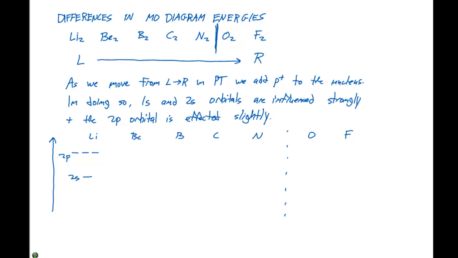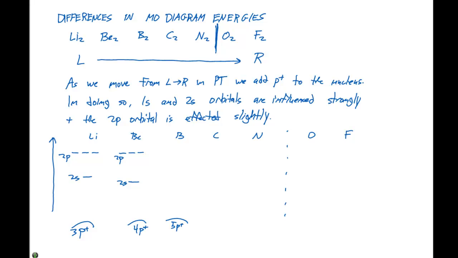Remember, the nucleus and the number of protons are down here. For lithium, there's going to be 3 protons. For beryllium, we have 4 protons. So these protons are pulling a little bit harder on the 2s, and the 2p is relatively unaffected. So this 2s orbital gets a little bit closer to the nucleus.